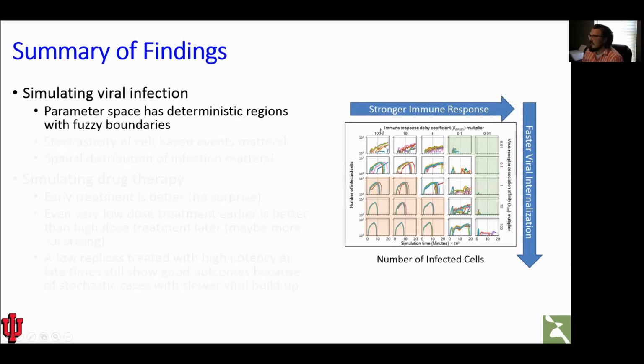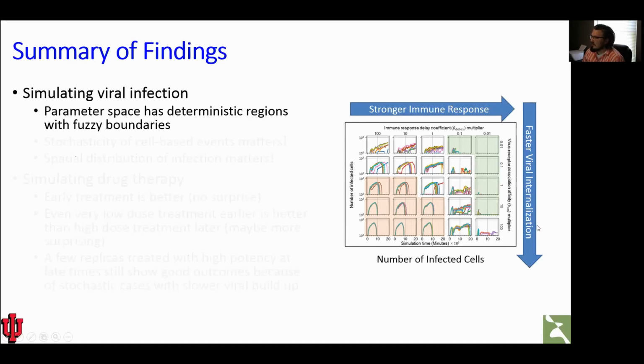In this case, what we simulated in our parameter sweeps was varying a parameter that changes the strength of the immune response, meaning that for the same cytokine signaling, we get either more or less immune cells, and then also varying the rate of viral internalization. So we vary a parameter along the rows.